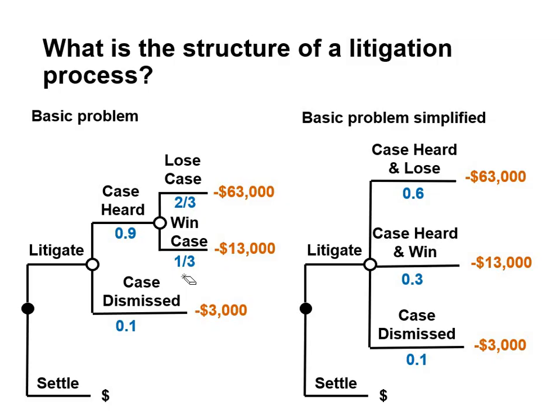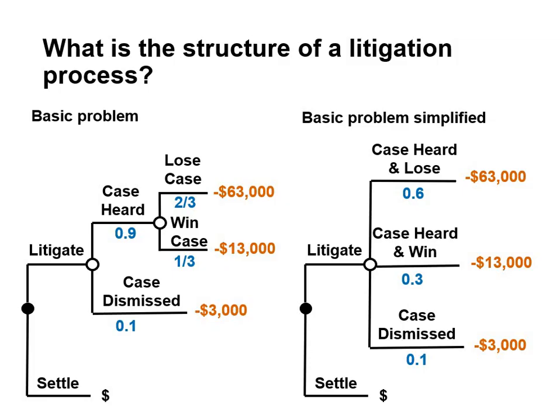And this still stays the same: you can litigate and the case is dismissed. So these are the probabilities. The important point is that whenever you have two chance nodes in a row, you can just multiply the corresponding probabilities and simplify the decision tree.